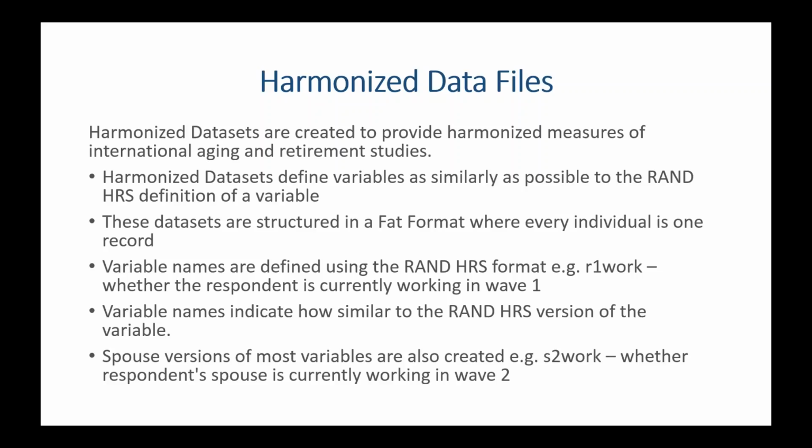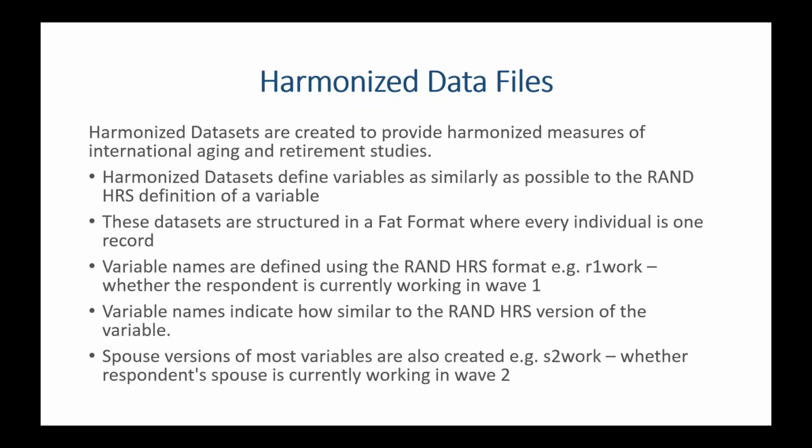All harmonized variables, if they're exactly the same, are named exactly the same as their RAND HRS definition. If the question is too different to be exactly comparable, we'll use the RAND HRS version of the name, but we'll put an underscore. For instance, if we're using SHARE, we'll say underscore S to say that it captures the same information, but in a way that you want to be aware of, there are some differences which are SHARE specific. So we'll do an underscore S there.